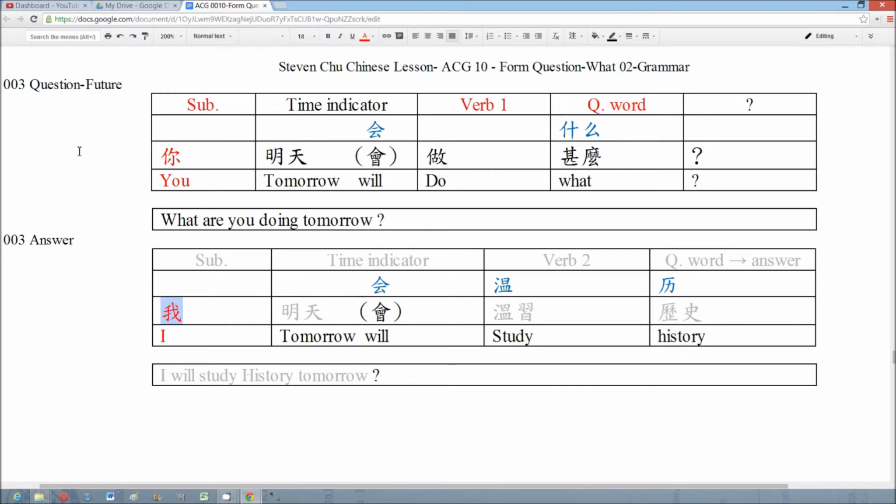And the answer is 我明天溫習歷史. I will study history tomorrow. Subject, time indicator, verb, and the answer. In this example, the time indicator is used to show the time of a future action.